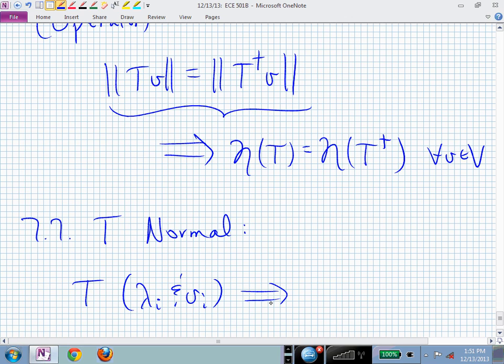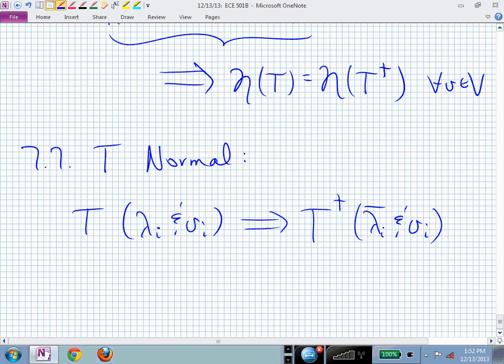If T is normal, then the adjoint has the same eigenvector, but the eigenvalue is now the complex conjugate. Again, relating the operator with its adjoint.